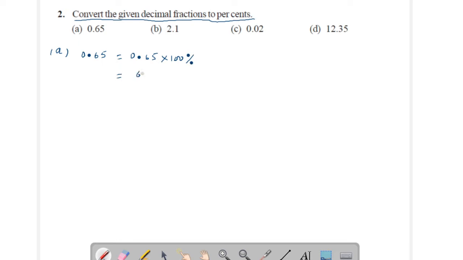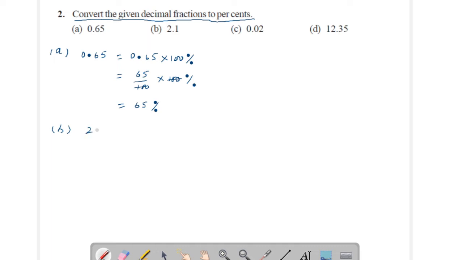This can be written as 65 upon 100 into 100%. Here you can cancel 100 by 100. We will get 65%. This is your answer.